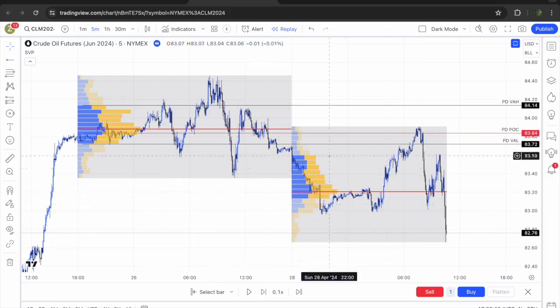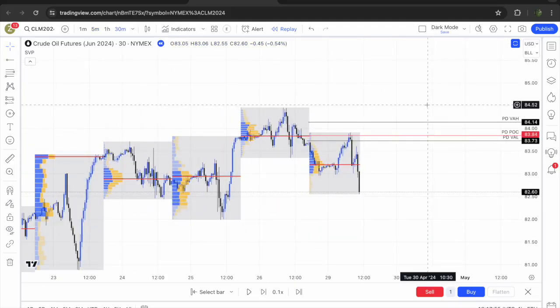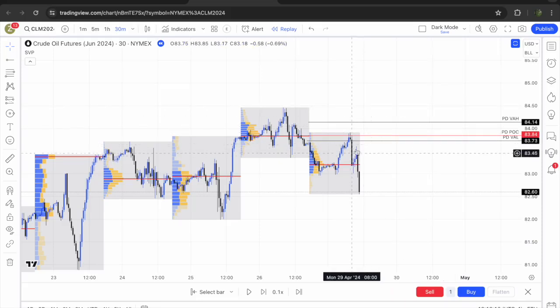Really simple. Okay, so now that we went over a basic rule of thumb on how you can use the profile, for example, what we went over, if price remains under the previous day's point of control, we can look to be bearish and look for shorts. Now, we went over a very obvious short entry after retesting and rejecting the previous day's point of control.